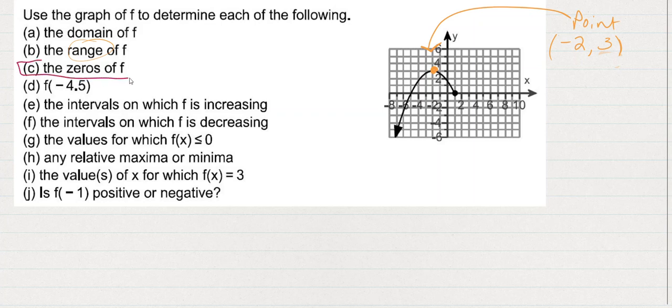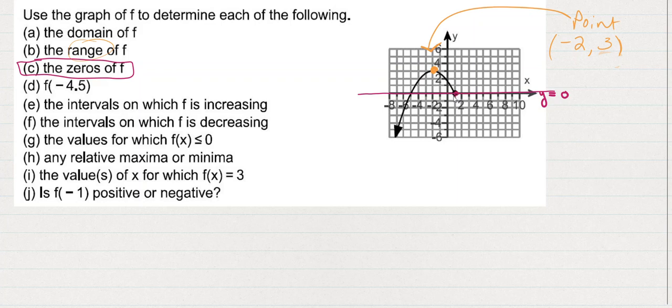Next, we could look at the zeros of the function. The zeros of the function are the values of x when y is equal to 0. Or in other words, where does the graph touch or cross this x-axis?